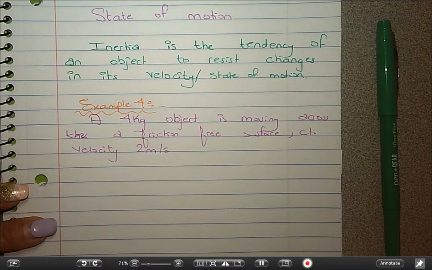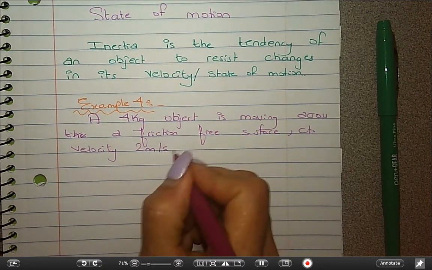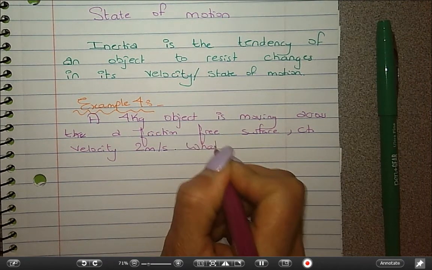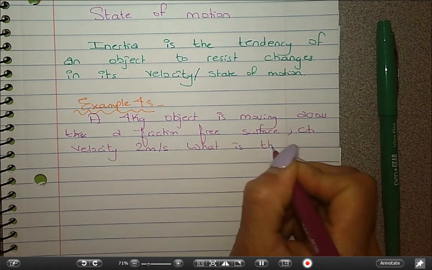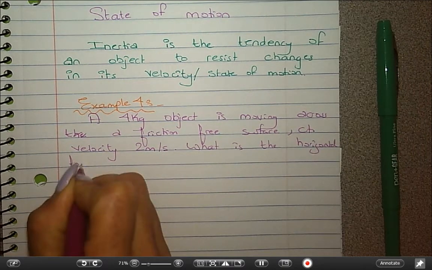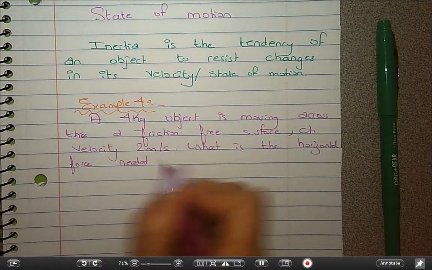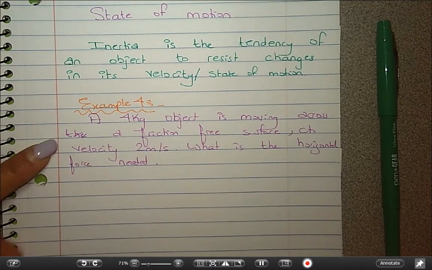All right, so what do you think the horizontal force needed for this object to move is?